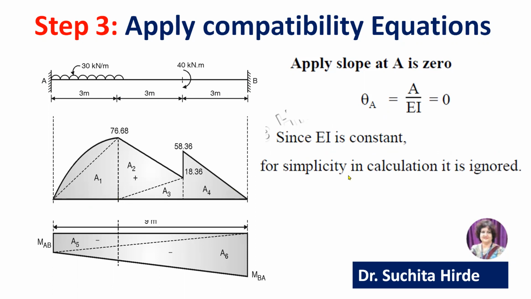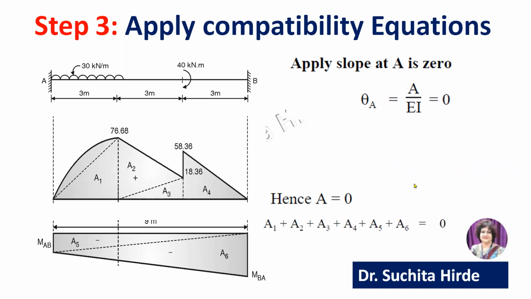Since EI is constant, for simplicity in calculation, I am ignoring the value of EI. So we can write A is equal to 0. That means A1 plus A2 plus A3 plus A4 plus A5 plus A6 is equal to 0. So next we have to calculate these areas A1, A2, A3, A4, A5 and A6.